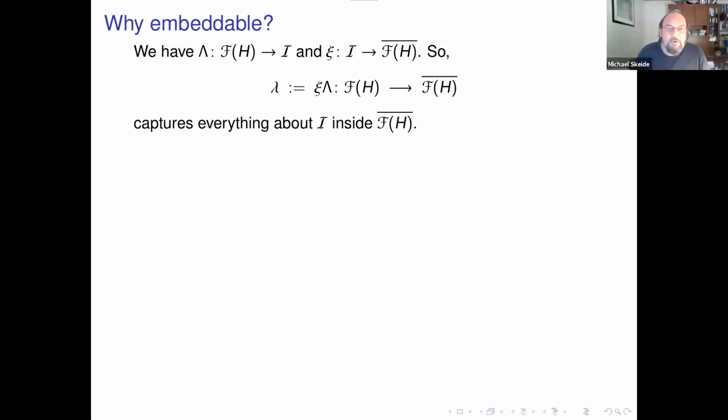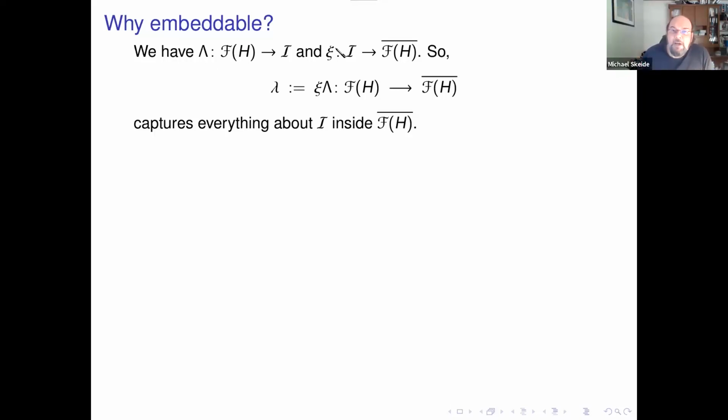Okay, why are we interested in that our based Fock space is embeddable? We have our canonical surjection capital Lambda. I should say this capital Lambda encodes already all the information we can have about the interacting Fock space. In particular, what are the creators and so on.